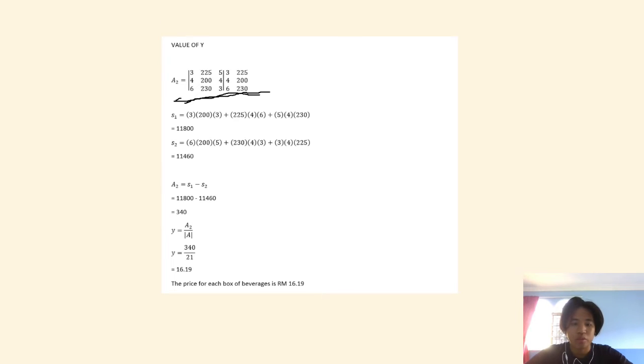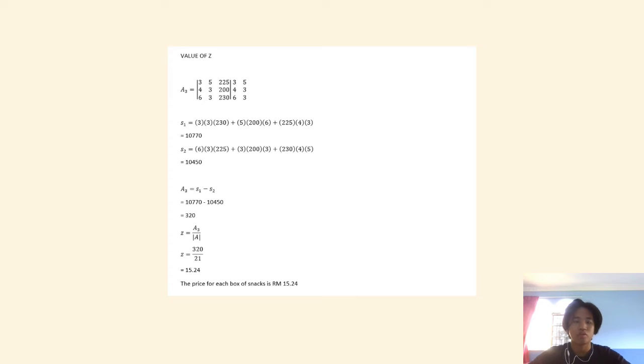Then y equals the determinant of A2 divided by the determinant of A, and we get the value of y is 16.19. So the price for each box of beverage is 16.19 ringgit.